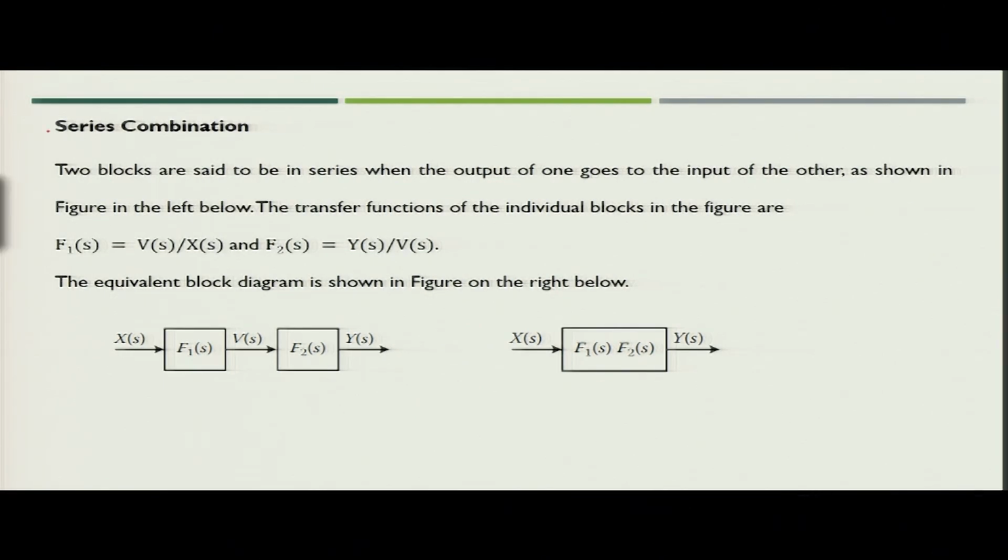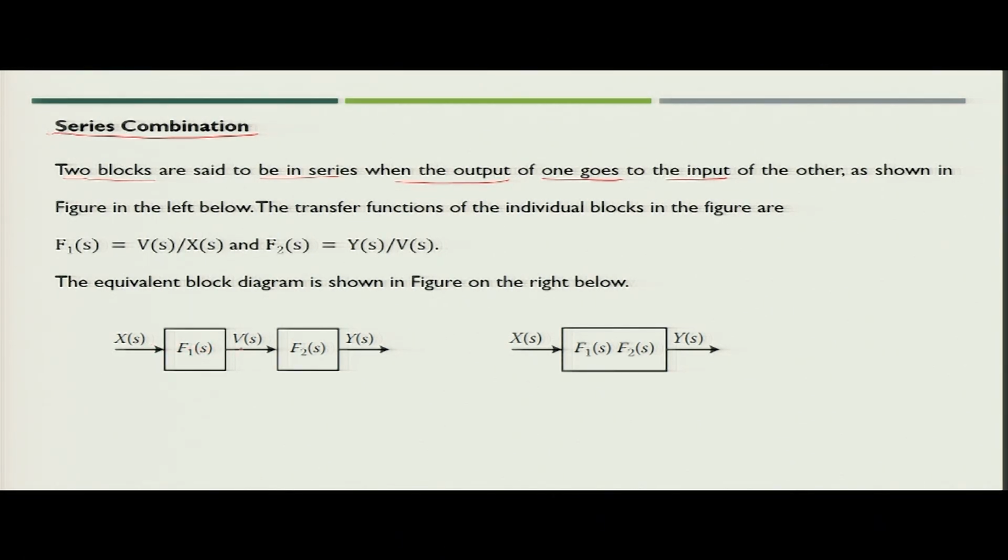Now, there are blocks which may be in series combinations. When you say that the blocks are in series combination, it means that the output of one block goes to the other block as an input. You can see in the figure, X(s) is the input to the block having transfer function F1(s).